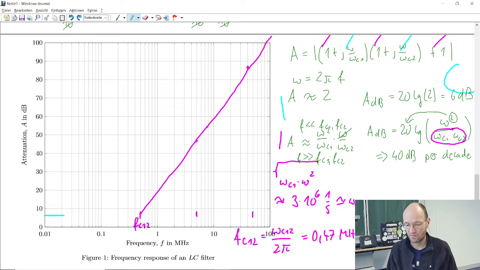So let me redraw this line. So 6 dB should be somewhere here, but I think it's still somehow wrong, but you get the idea, right? So we have something like 6 dB here up to this corner frequency. Then we have two corner frequencies, one corner frequency after which the attenuation would increase with just 20 dB per decade. And after this, it increases with 40 dB per decade. But because our two corner frequencies are so close together, they look like just one corner frequency. And after this, the attenuation goes up with 40 dB per decade.